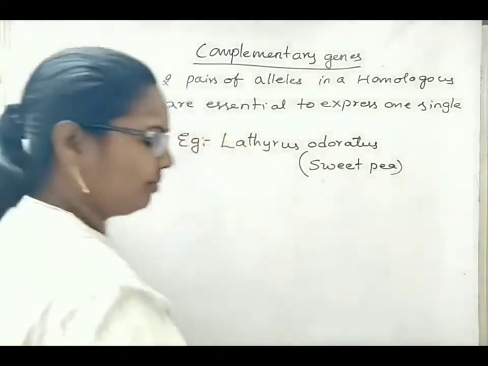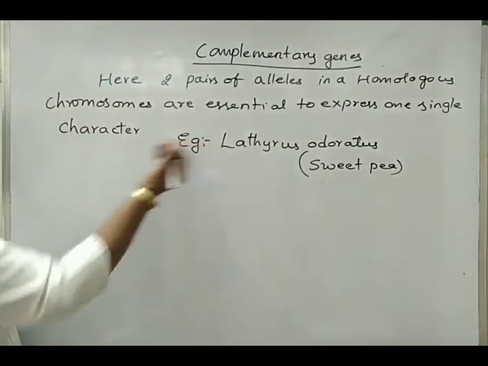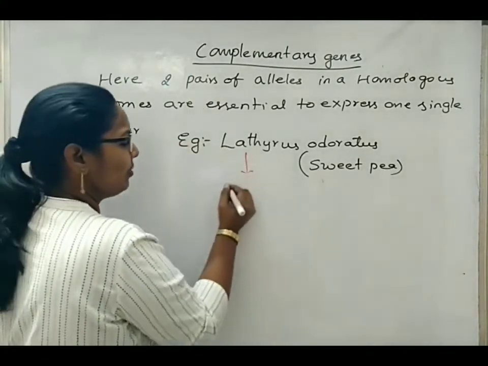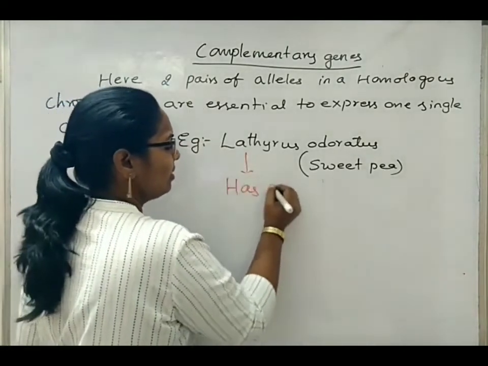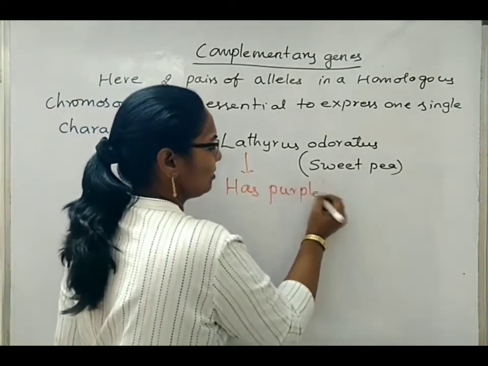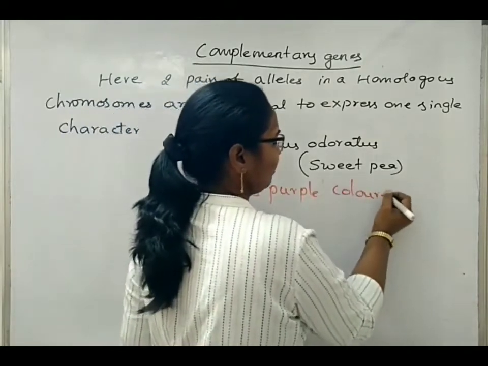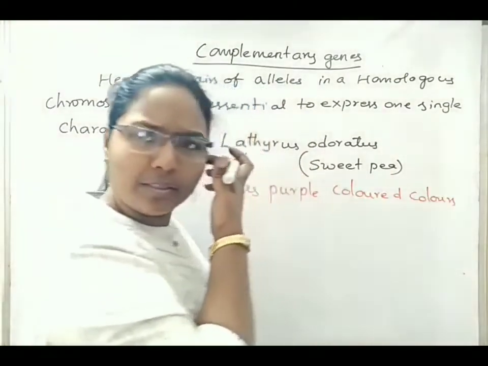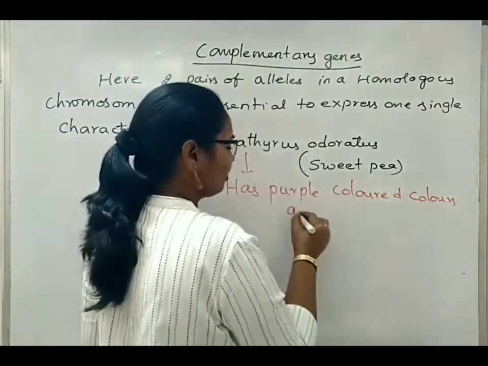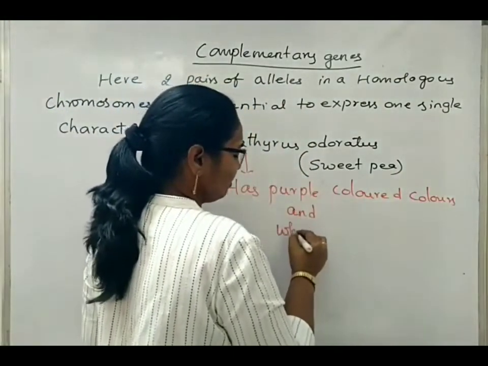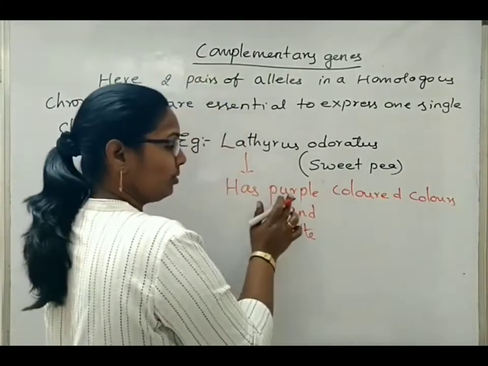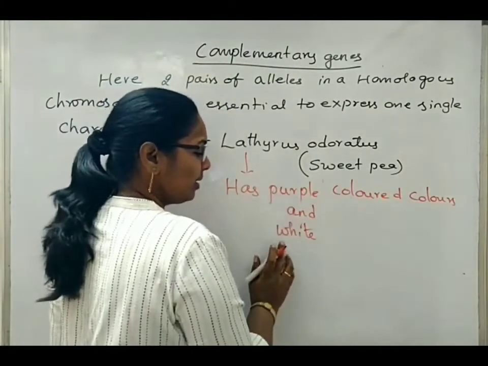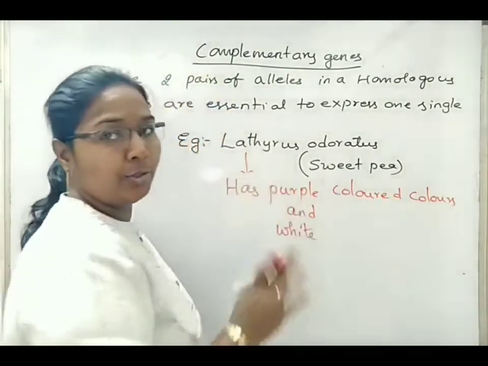Now, Lathyrus odoratus has purple colored flowers. It also has white colored flowers. But to obtain the purple color, the genes that are responsible for white color should be present.